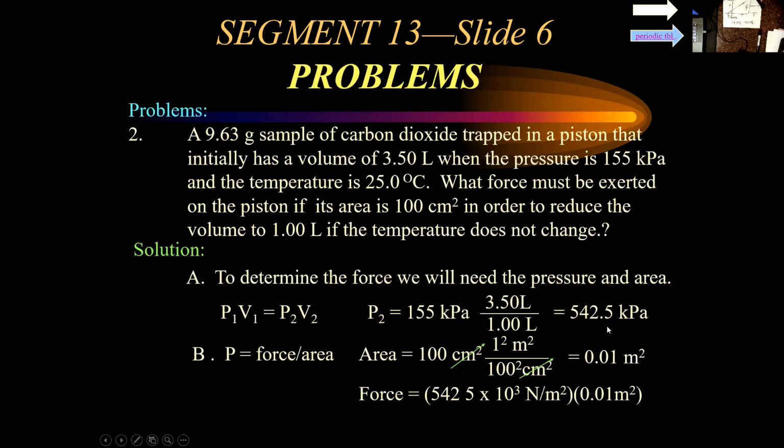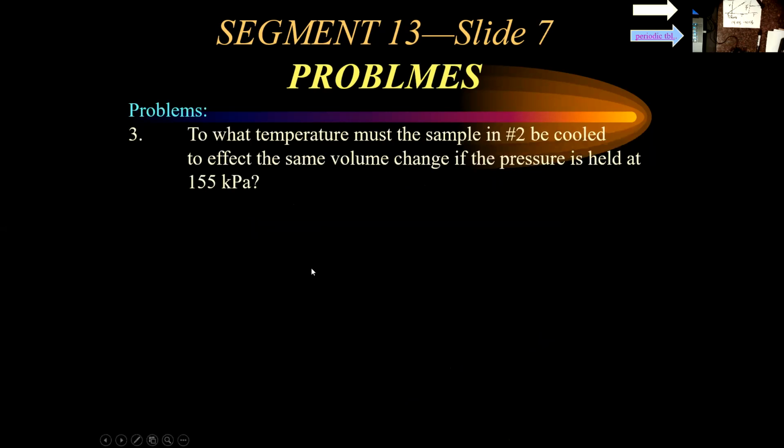So I've changed from kilopascals to pascals, which is newtons per square meter. And there is my area. So I can calculate the force that's going to be required. It's going to be 5.43 times 10 to the third newtons, or 5.43 kilonewtons.